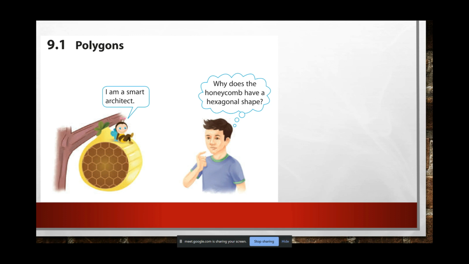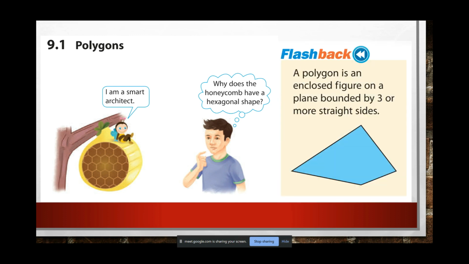Okay, now we look at the polygon over here. Flashback, I'm sure you have studied polygon before, okay, in your primary. So polygon is an enclosed figure on a plane bounded by 3 or more straight lines. So there are many types of polygon. For example, a triangle, we also consider it as a polygon. So as long as the plane is enclosed, enclosed means closed.